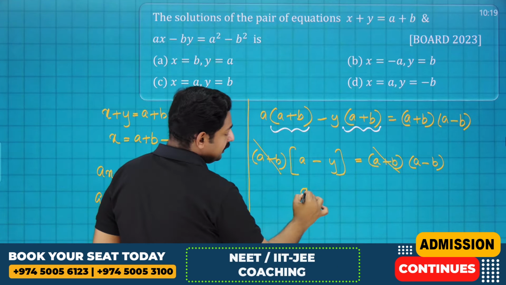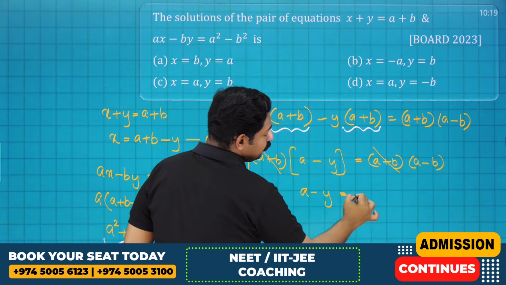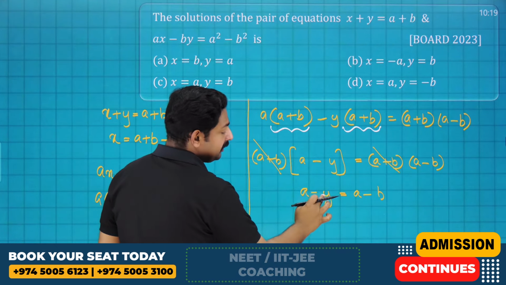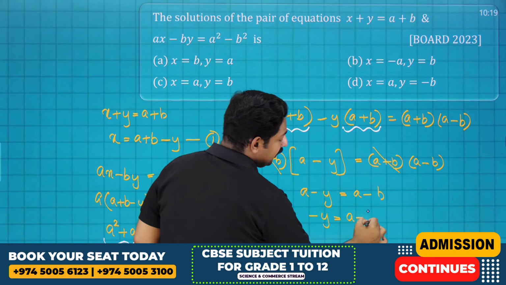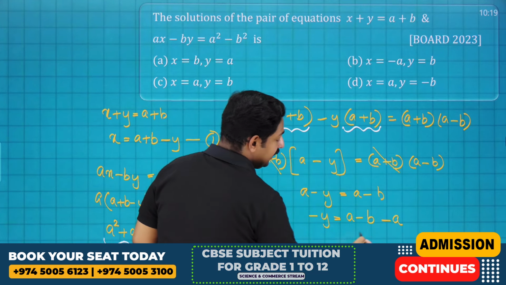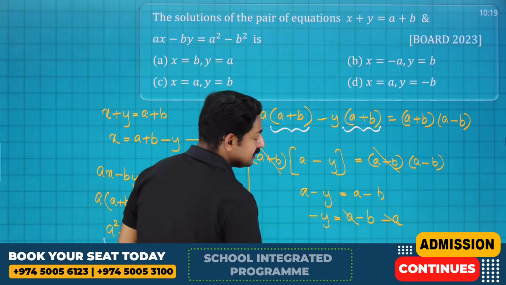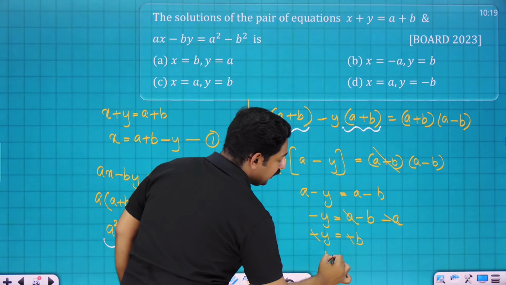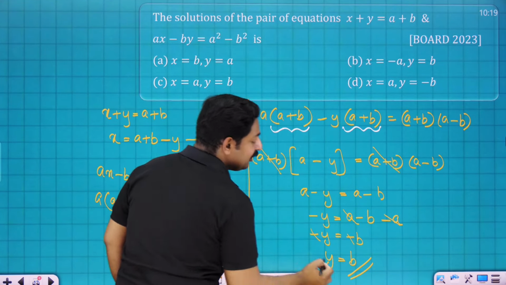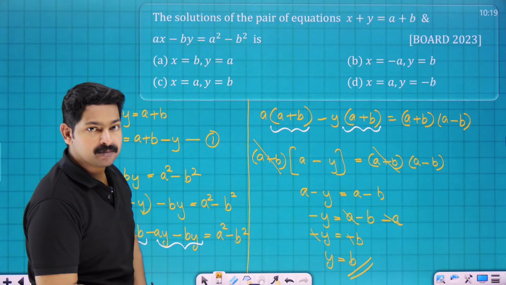The left is a minus y is equal to a minus b. If you bring a to the right side, minus y is equal to a minus b minus a, and a and minus a got cancelled. So minus y is equal to minus b, which means y is equal to b. The value of y is b we got.